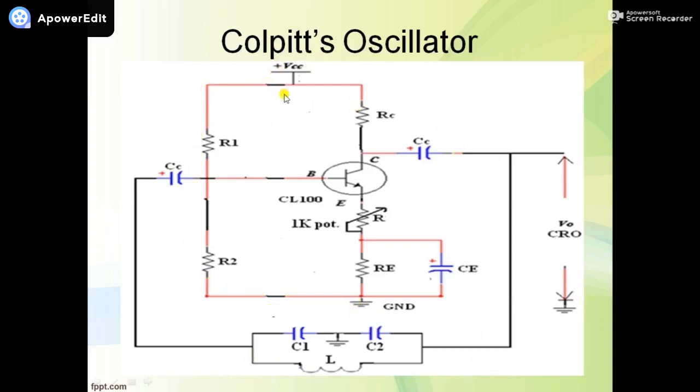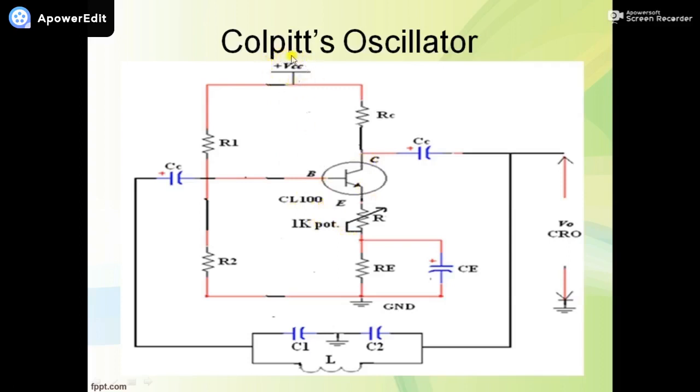Now we'll discuss the operation of the Colpitts oscillator circuit. Without applying any input source signal to the base of the transistor, it generates the frequency of oscillation. Initially the circuit is in an inactive state.